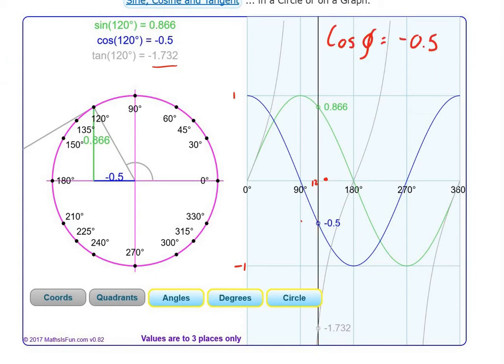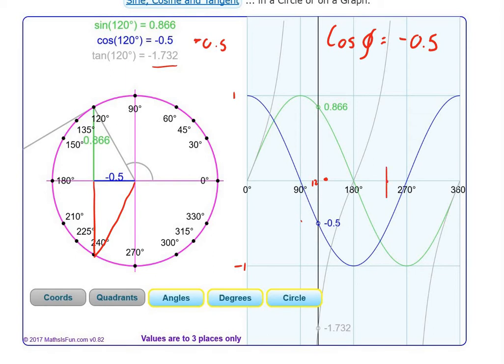Bear with me now for a second. If I drew another triangle here, straight down to 240, do you think that the cos of that would also be minus 0.5 again? It sure would. That's 240.